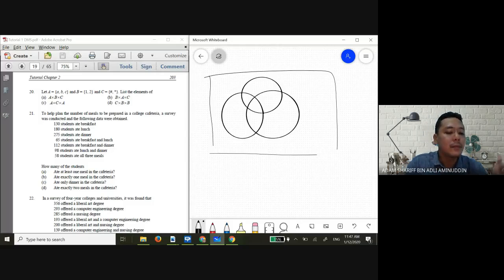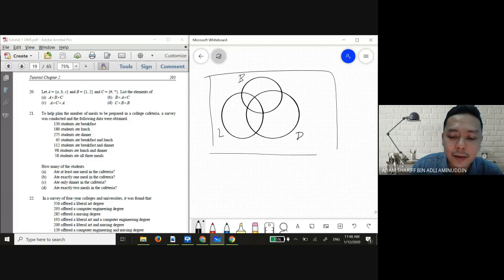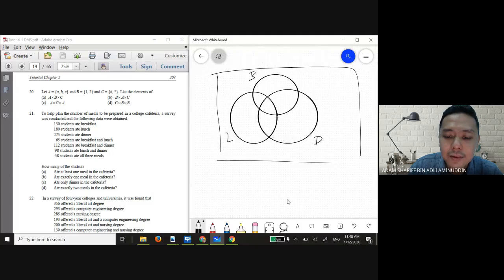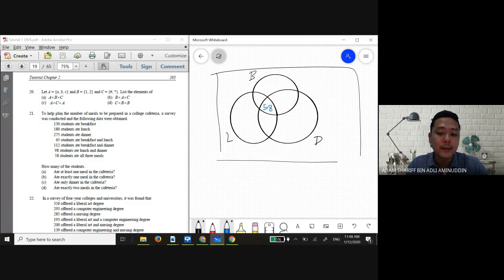okay, assuming this is breakfast, lunch and dinner, and I like to start with the center first, kerana there are 58 students who ate all three meals. 58 kat dalam ni, betul? Okay.